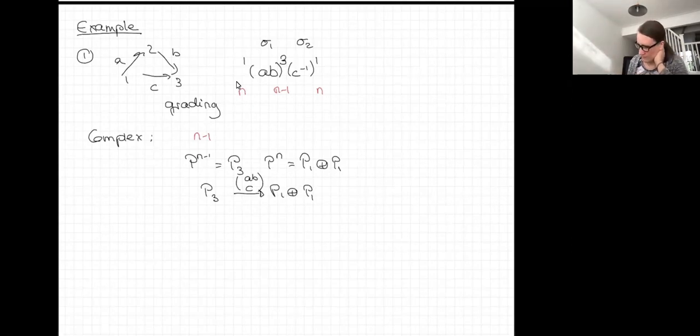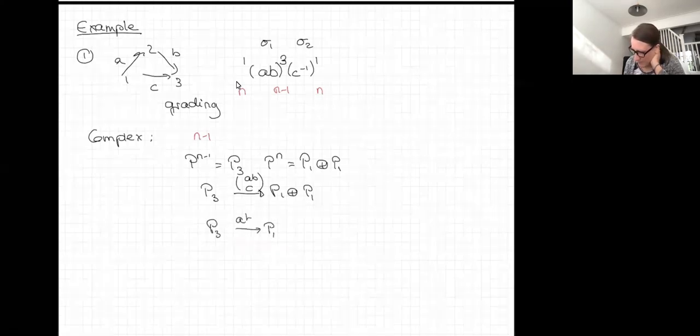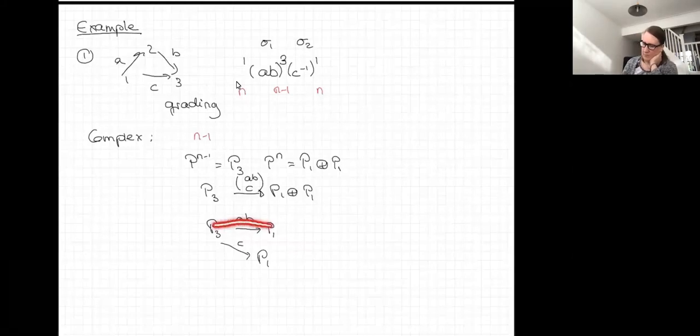So how does it unfold here? Well, we can write it really as a string. So we have P1 to P3, we have the map AB, and then we have the map C that goes here. And now you can really read it as A, B, C inverse, which corresponds exactly to the reverse order of these things.